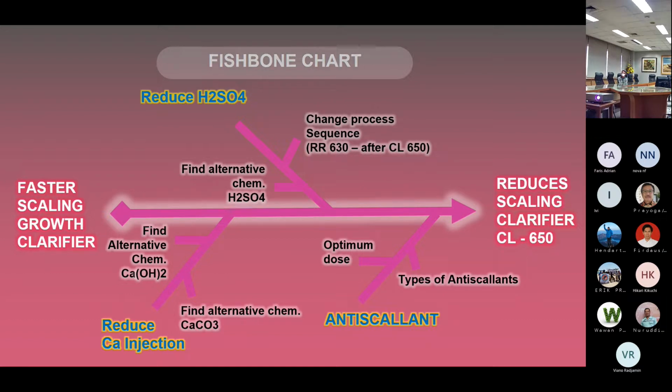For example, an alternative chemical substitute for calcium hydroxide or calcium carbonate, and also they suggested changing the process sequence. As you might know, right now we don't have the chlorine pond, so all the treated water is sent by piping.